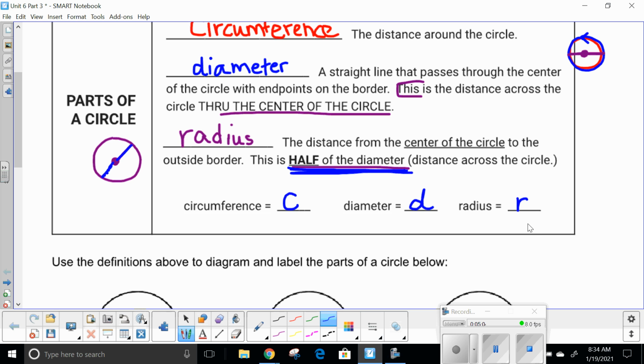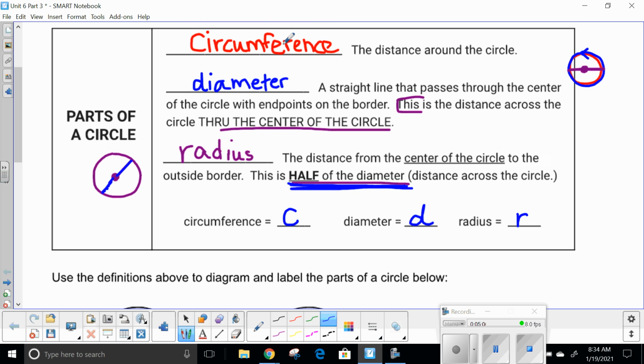So let's use our definitions. Circumference is the distance around the circle. Diameter would be across the circle, but it has to go through the center of the circle. And the radius would just be halfway across.